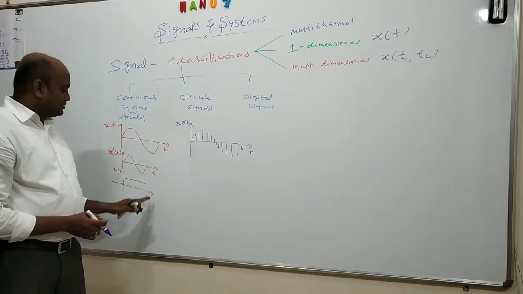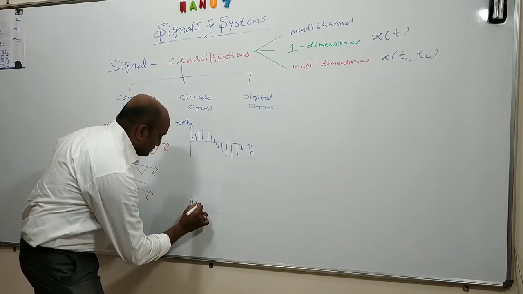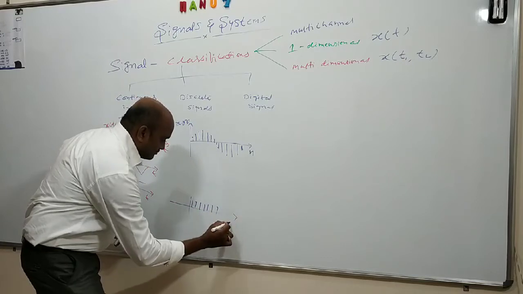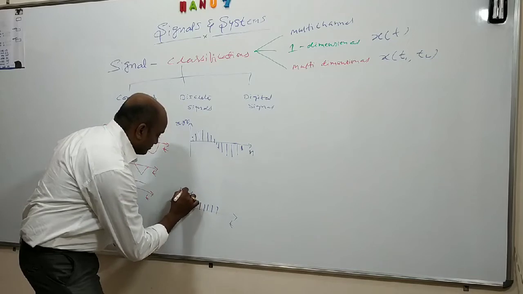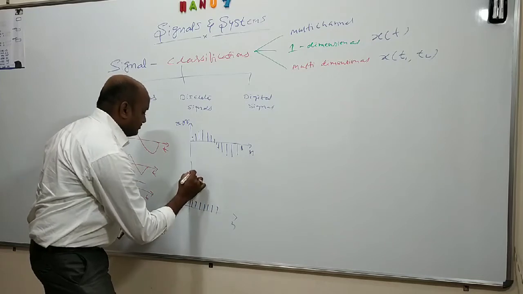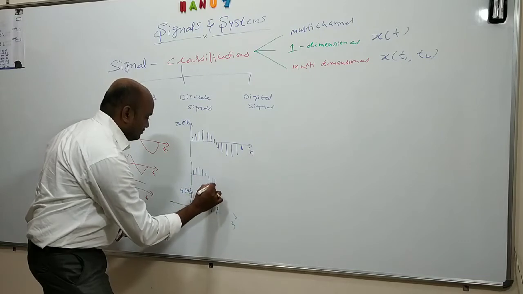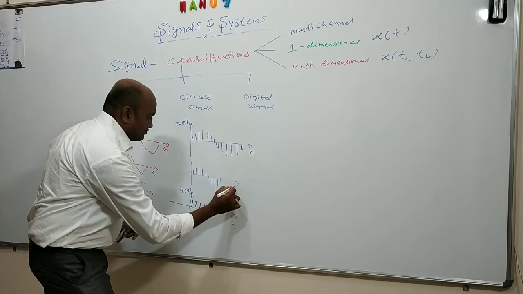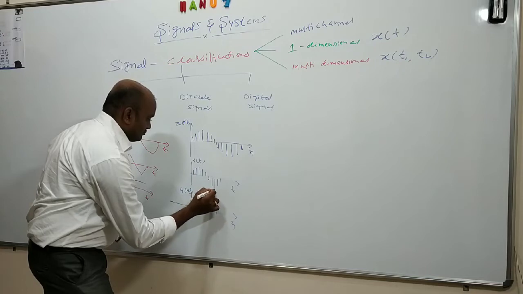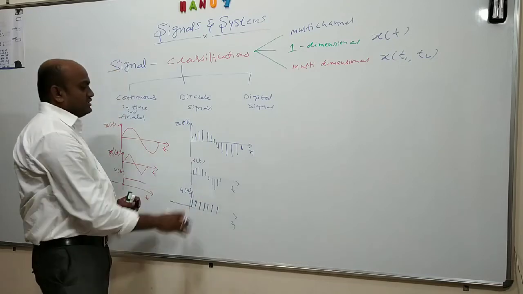Similarly, we can draw for ramp and unit step also. Let me draw that. For ramp, same. So these are discrete signals.